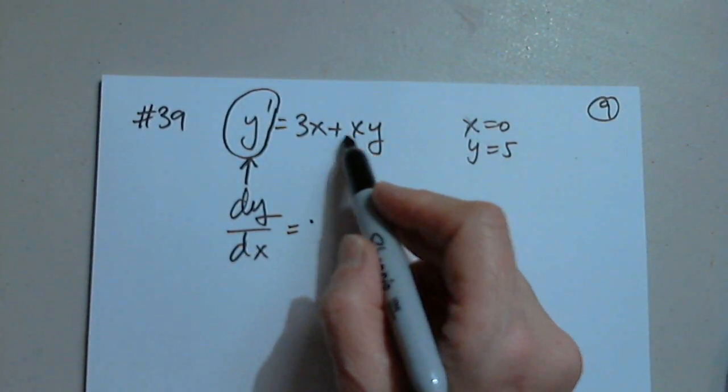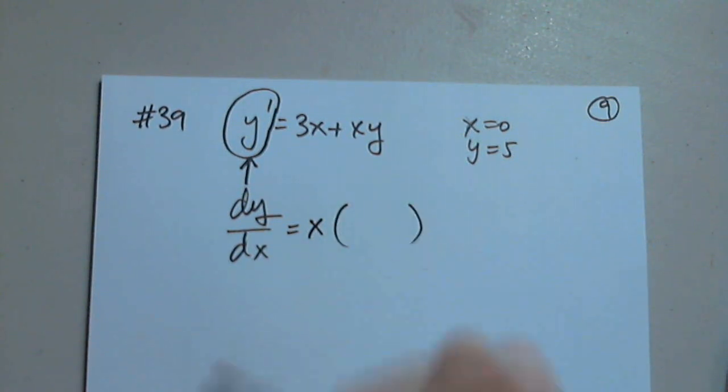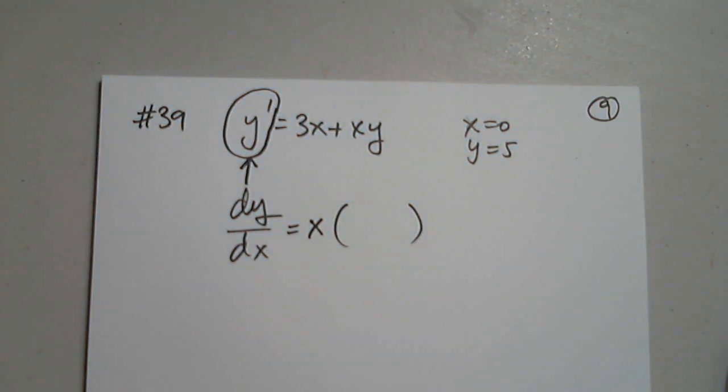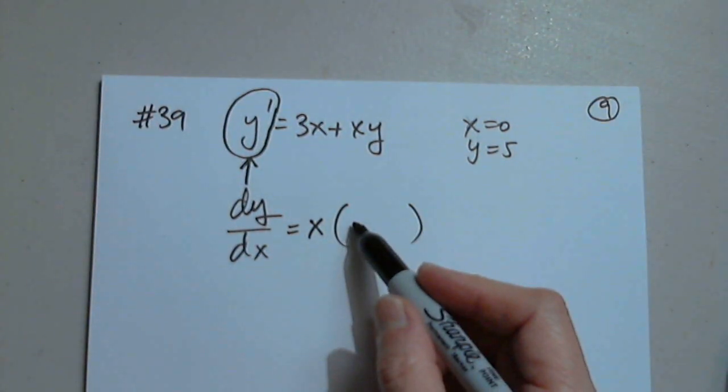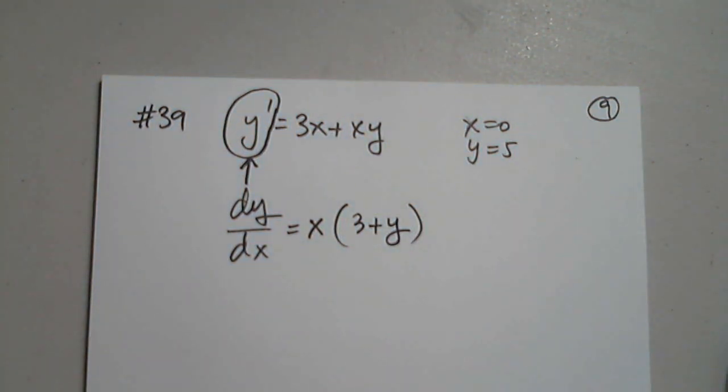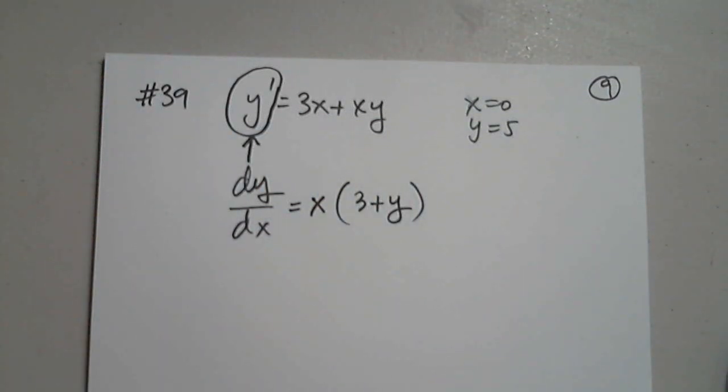Yes, but I will factor out x because x is a common factor. So then, what do I have? I have 3 plus y. Good. So I try that because I don't want the two terms with x. Okay. What is our next step now?